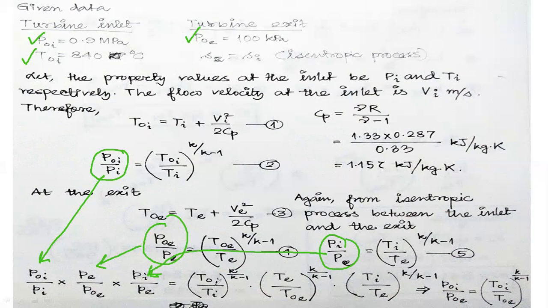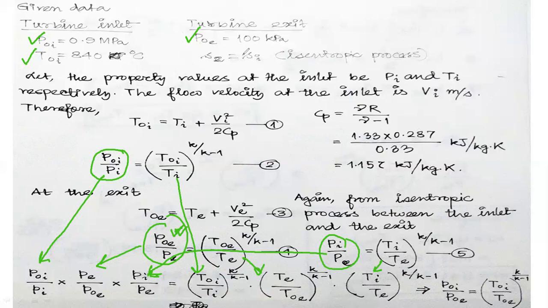On the right hand side, therefore this will come directly, T0i by Ti to the power k by k minus 1. Since I had taken the reciprocal of this, here it will be the reciprocal, so it is Te by T0e to the power k by k minus 1, and this will come directly, that is Ti by Te to the power k by k minus 1. I think it is clear.